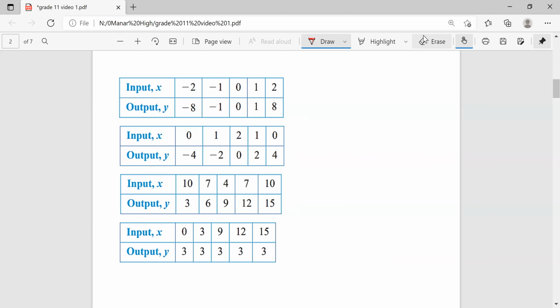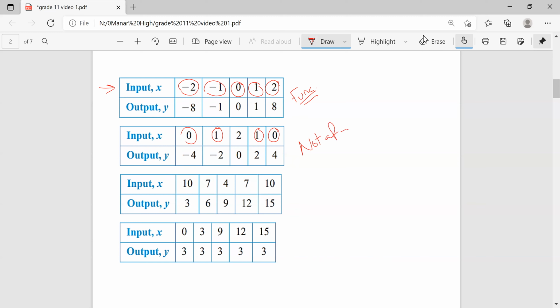So look at the inputs here: -2, -1, 0, 1, 2. Is there any value repeated? No. So this is a function. Okay, the second one: 0, 1, 2, 1, stop. There are two values repeated, so not a function.